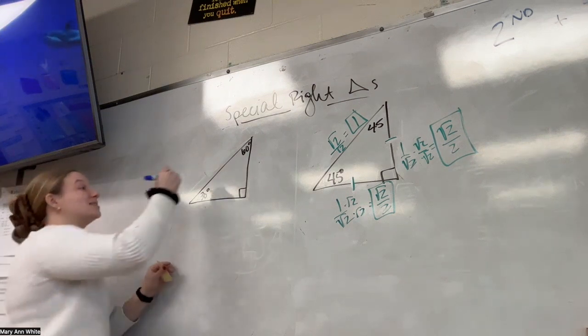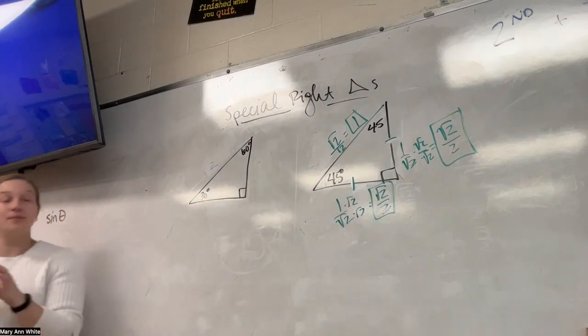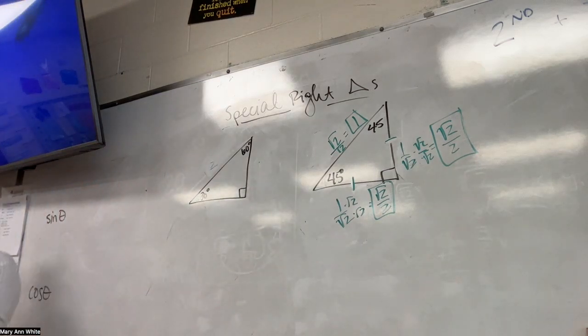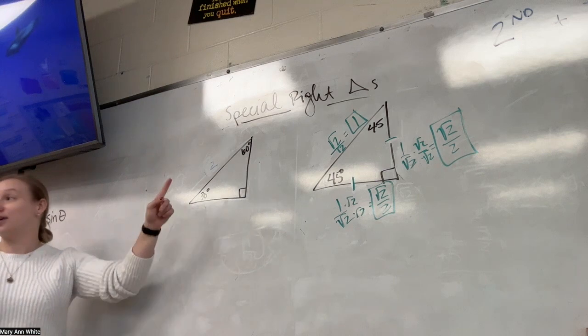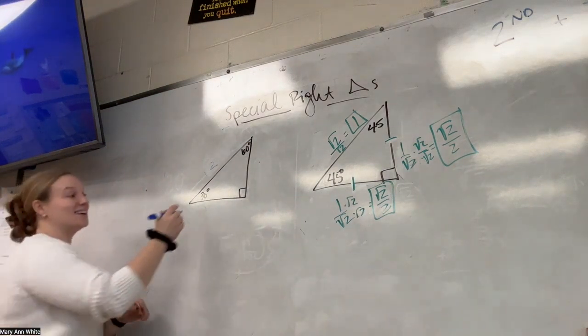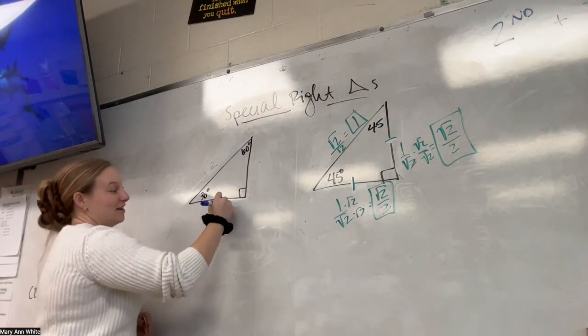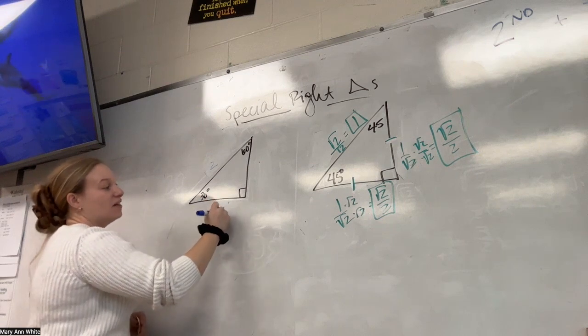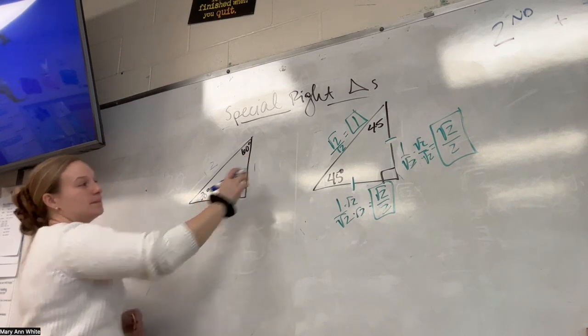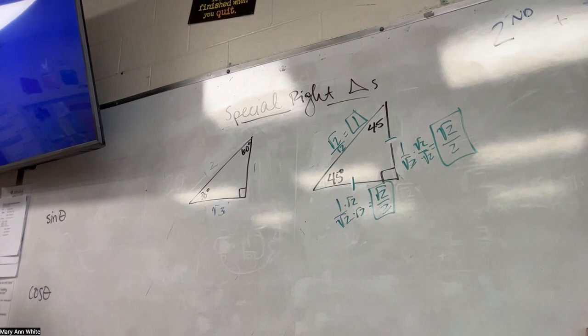The hypotenuse is 2. Good, Ryan. Root 3. Yes, Quinn, where does that one go? With the 30 or with the 60? 60, good. And then the last one is just 1. So 2, root 3, and 1.